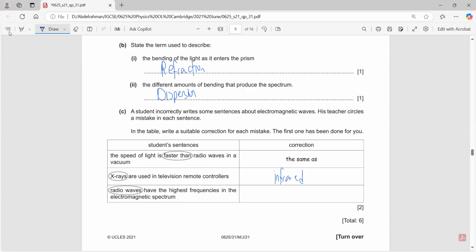Yes, infrared radiation. Radio waves have the highest frequencies. No, definitely the gamma rays. Yes, excellent. We don't have any radiation which has a frequency greater than the gamma rays.